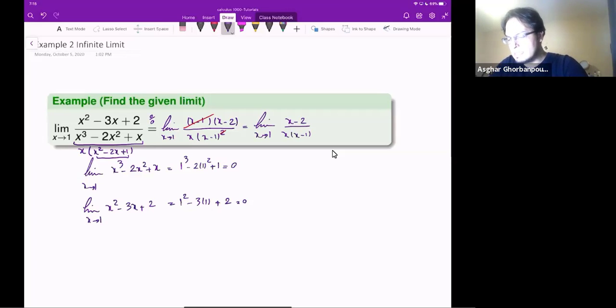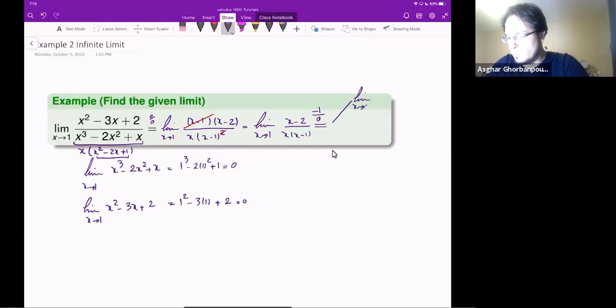As you can see, this will give me negative 1 over 0. Definitely, this limit does not exist. It's an infinite limit, but is it positive or negative? Here is where this whole analysis of left and right comes in.